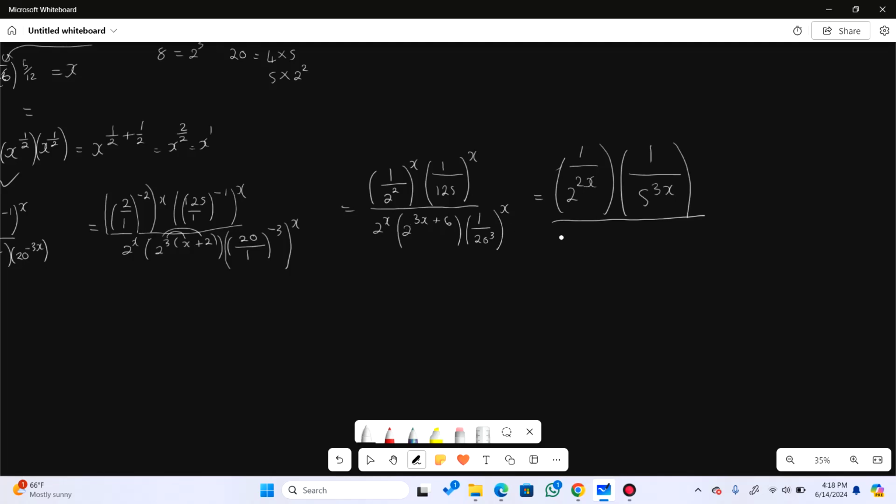if you add these two, remember if you have 2x times 3x plus 6, the bases are the same, we add the exponents.